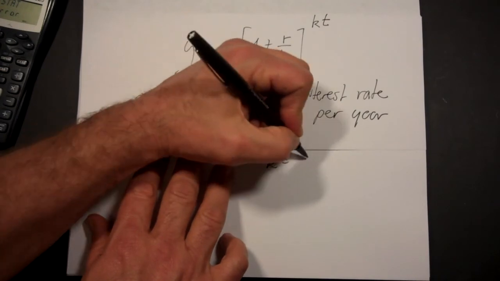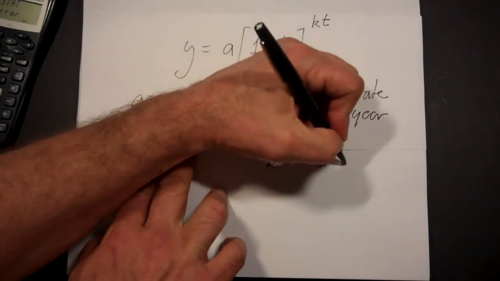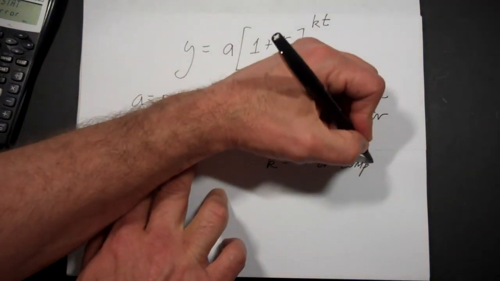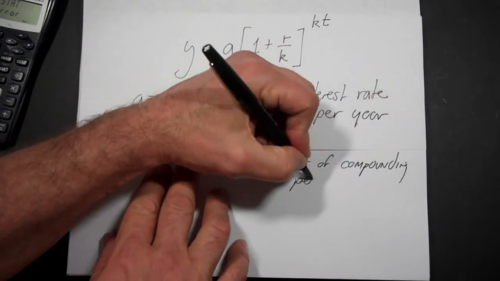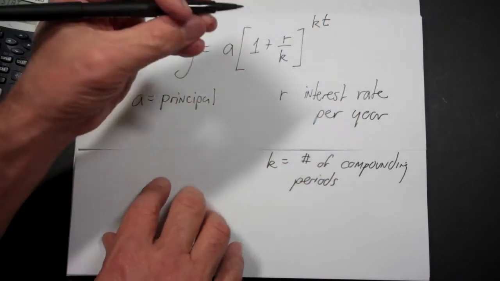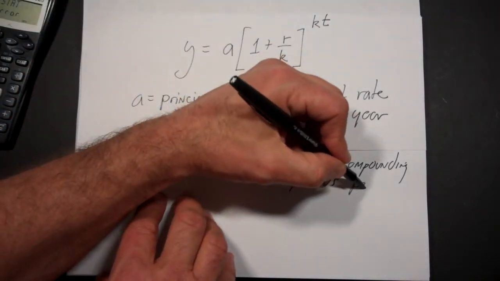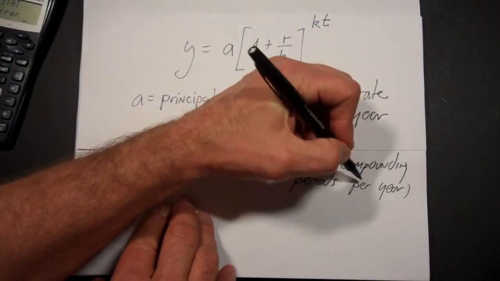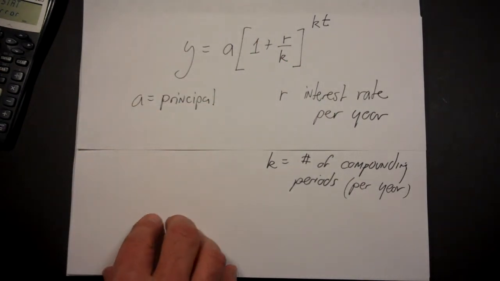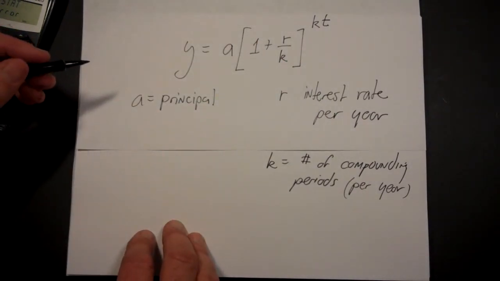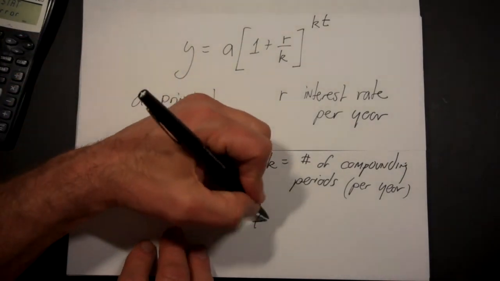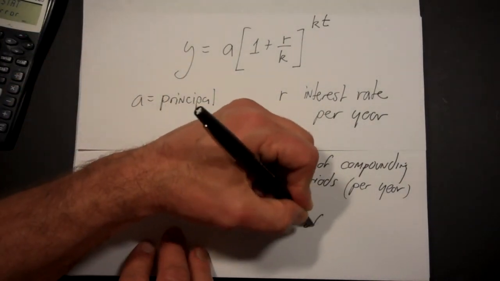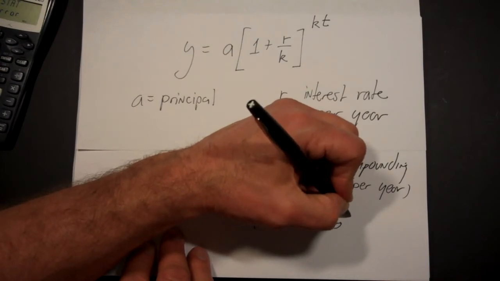And K will be the number of compounding periods per T, and that's actually a lot easier than it first sounds. I'm going to put per year, but it's not always per year, though it is in 99% of the cases. And then T is the number of time periods, in this case, the number of years.